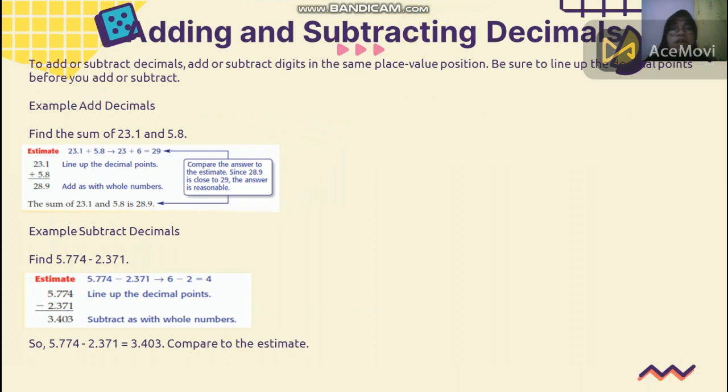Next, adding and subtracting decimals. To add or subtract decimals, add or subtract digits in the same place value position. Be sure to line up the decimal points before you add or subtract. Example, add decimals. Find the sum of 23.1 and 5.8.